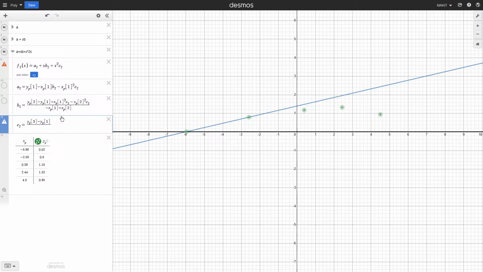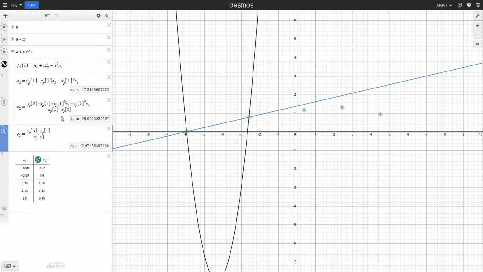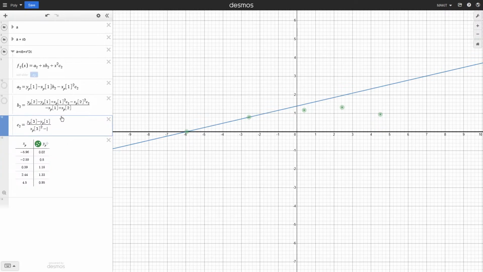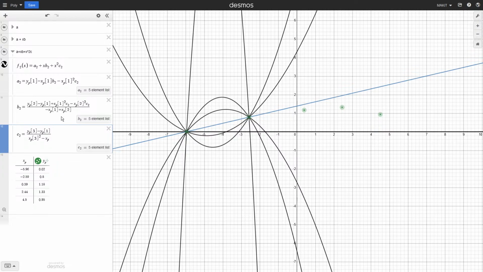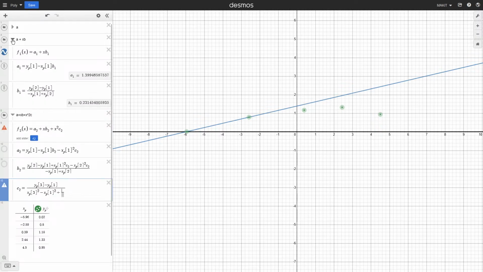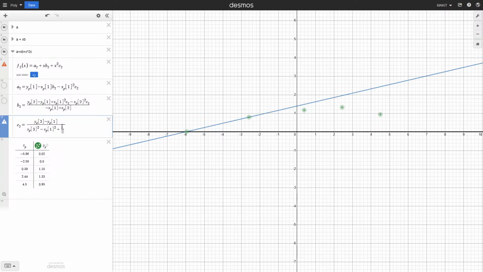So we'll have x3 squared minus x1 squared plus fraction of, that looks like the previous b with squares actually. Is it the previous b with squares? No, it's not, because it has x at the top and the bottom.